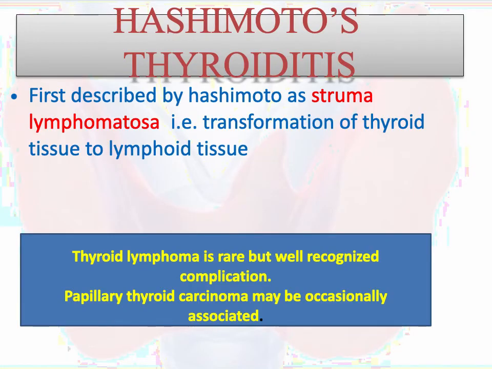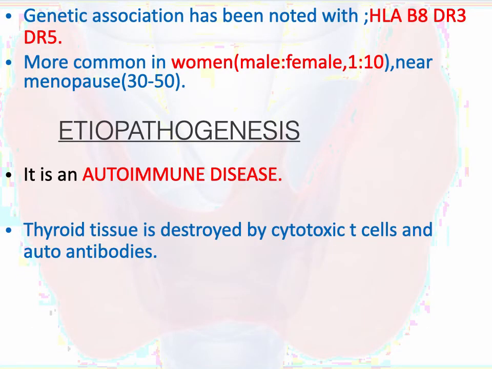Hashimoto's thyroiditis, just go through quickly. First described Hashimoto's as struma lymphomatosa, that is transformation of thyroid tissue by lymphoid tissues. Genetic, very important for the MCQs: HLA-B8, HLA-DR3, and DR5. These are associated with this case genetically. More common in women, male to female ratio 1:10, near menopause, 30 to 50 is the age group.